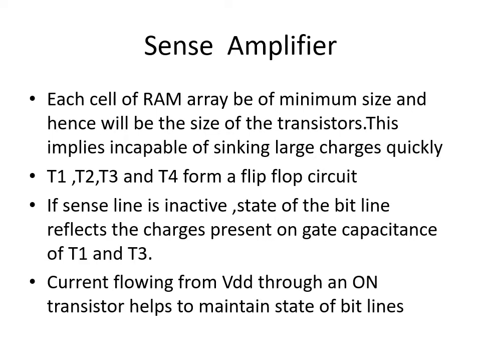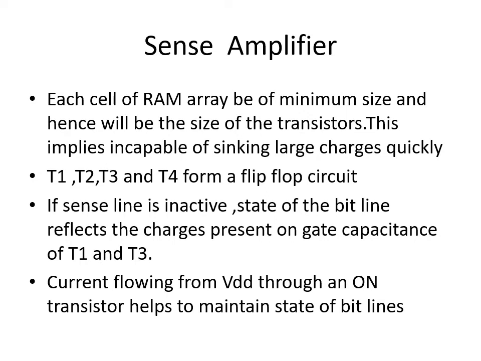To overcome this, a sense amplifier is used. Okay, so here you can see that T1, T2, T3 and T4 form a flip-flop circuit. If you assume that the sense line is inactive or it is 0, then the state of the bit lines will be reflected in the charges present on the gate capacitance of T1 and T3 with respect to VDD, such that 1 will turn off and 0 will turn on either of the transistors.